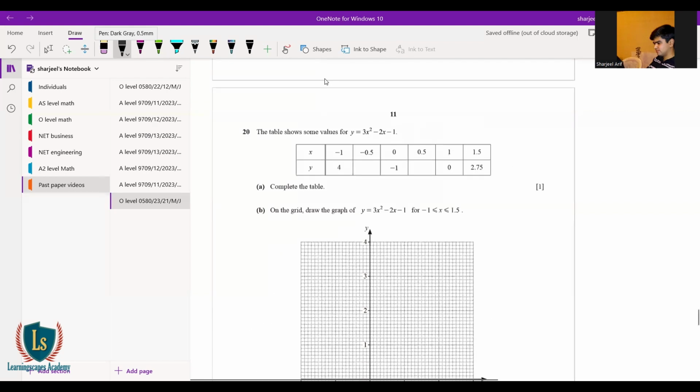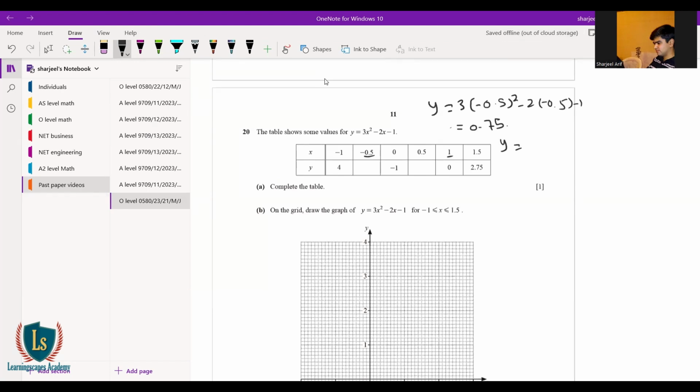Now for question number 20, we have to complete the table. You can substitute the values of x in the given equation. Minus 2 into minus 0.5, minus 1. So y is 0.75.